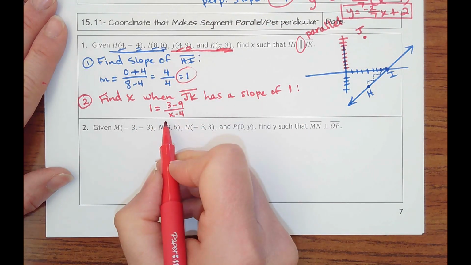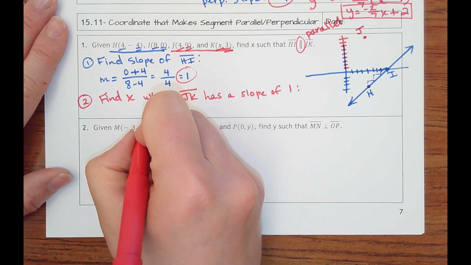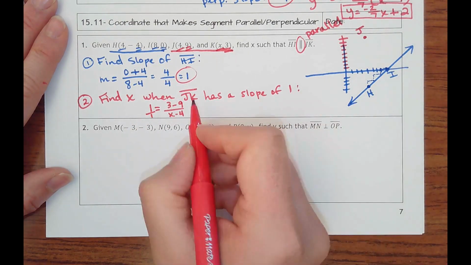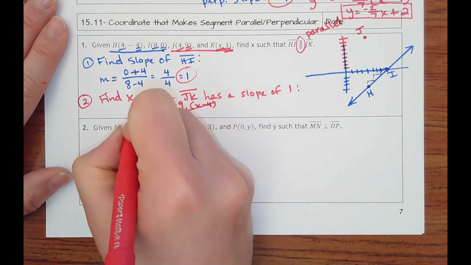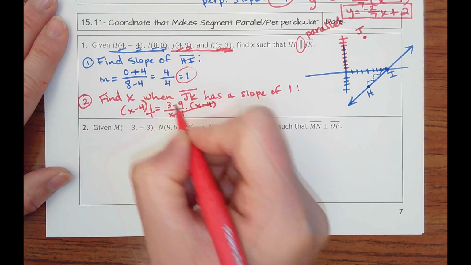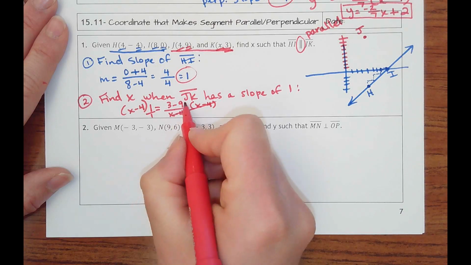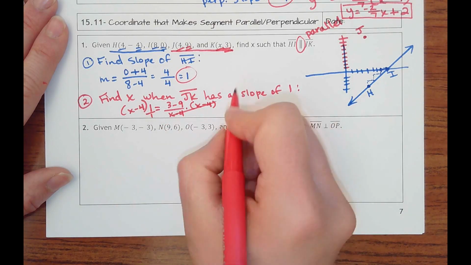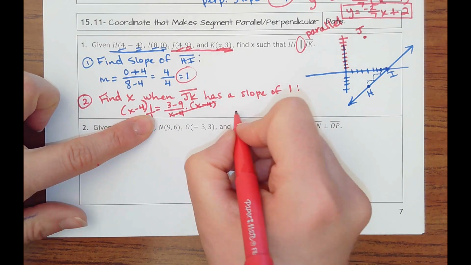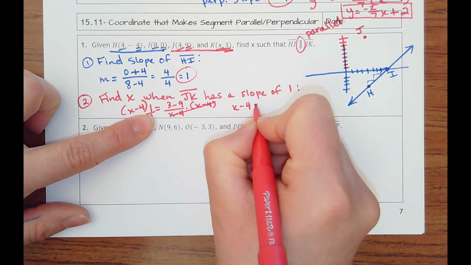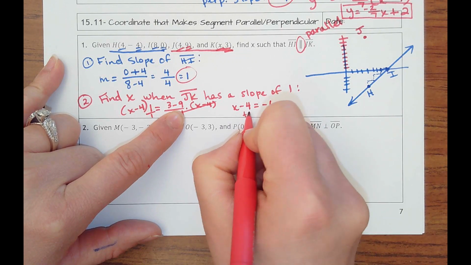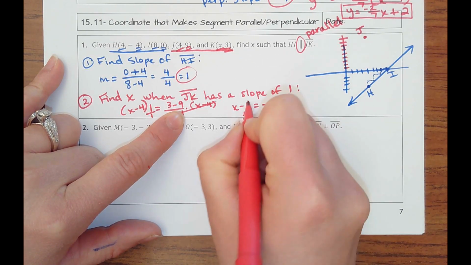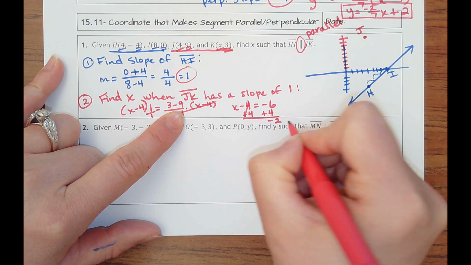That has now created a proportion that I can solve. I'm trying to multiply by this denominator of x minus 4 so that it would cancel and come to the other side. But I'm also thinking I'm cross multiplying is really what I'm doing. So this times 1 doesn't change. It'd be still x minus 4 equals 3 minus 9, which is now -6. All I would have to do is add 4. So that makes my x value be -2.